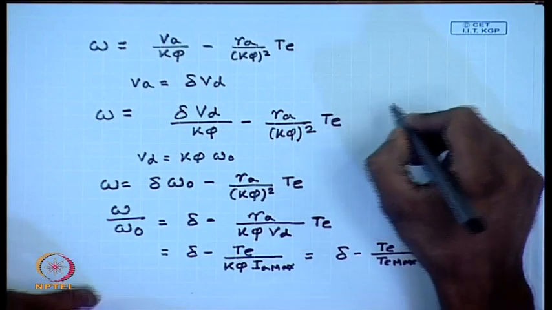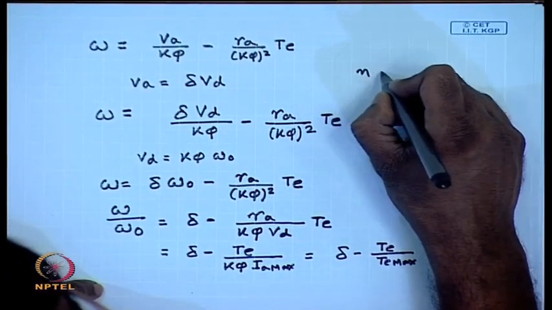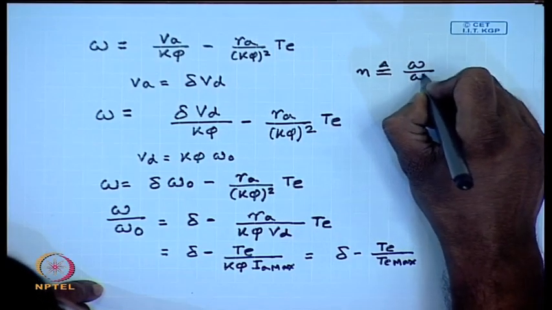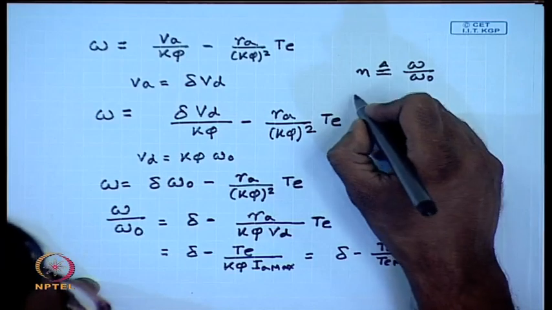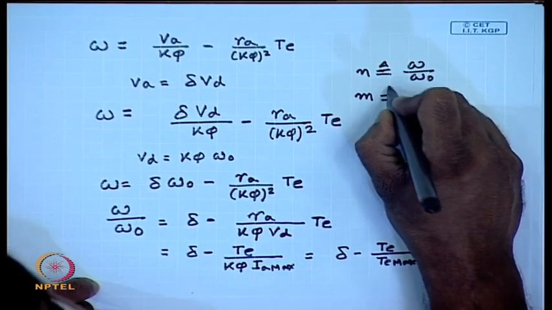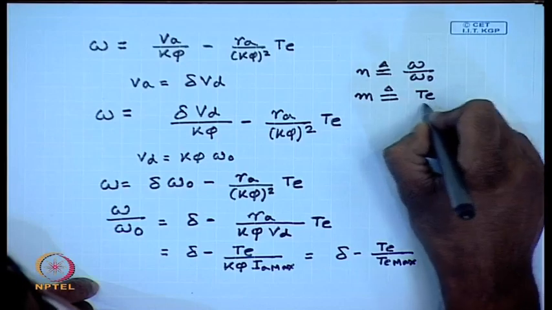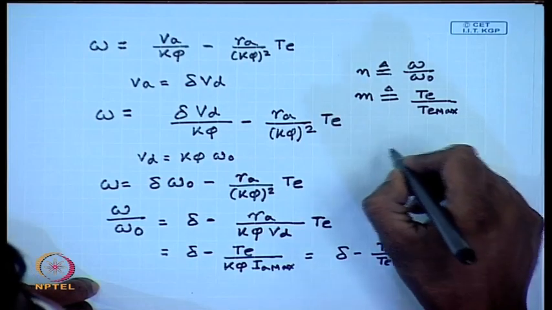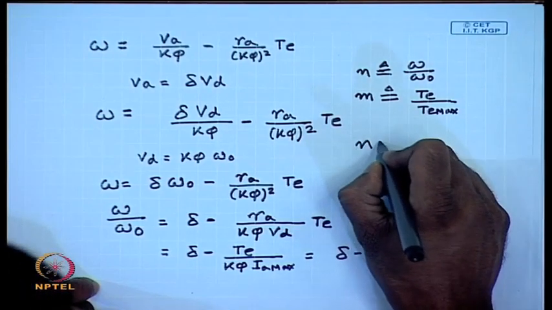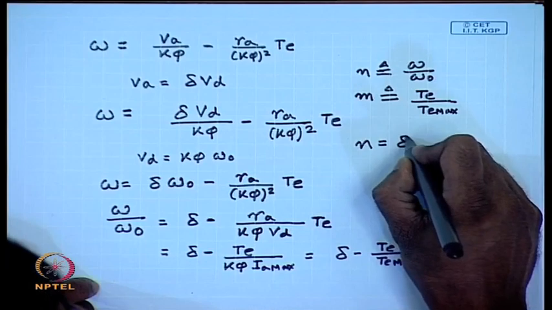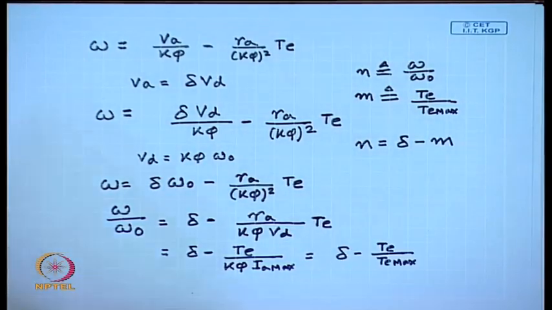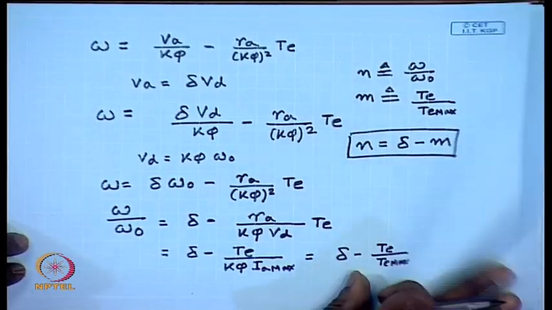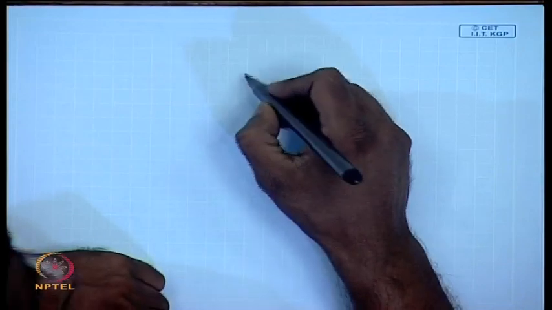So, if we define per unit speed n to be equal to omega by omega 0 and per unit torque m to be T E by T E max, then the torque speed characteristics is given by the simple equation n equal to delta minus m. That is the torque speed characteristics of a chopper driven DC machine.